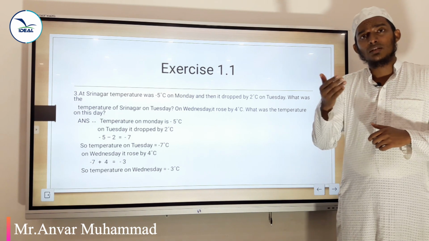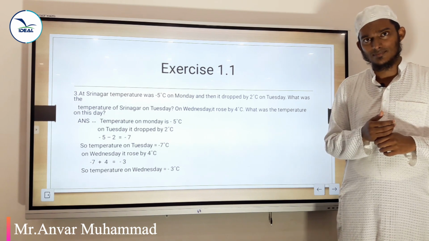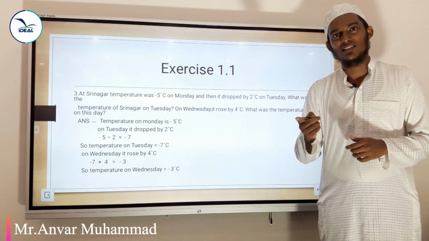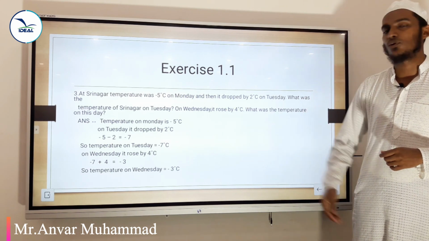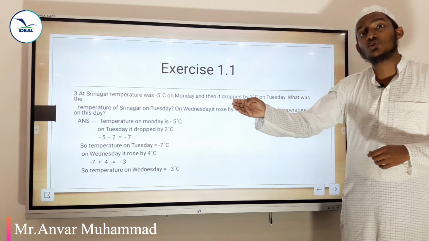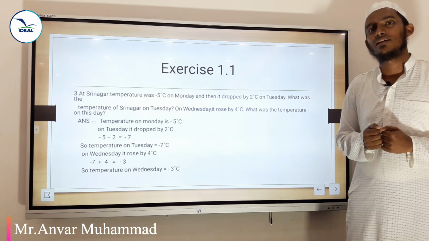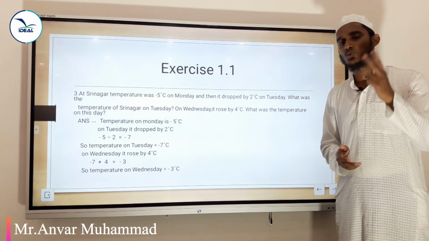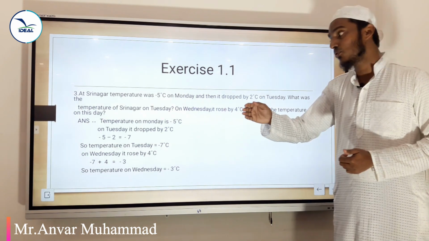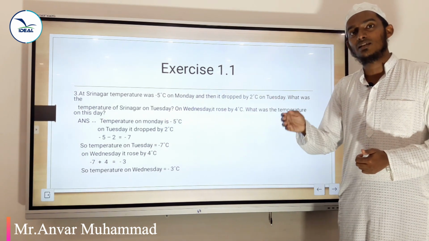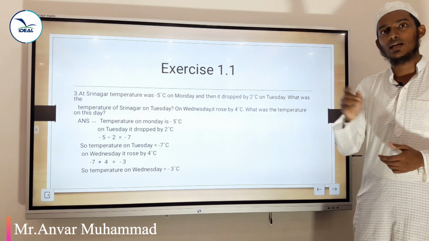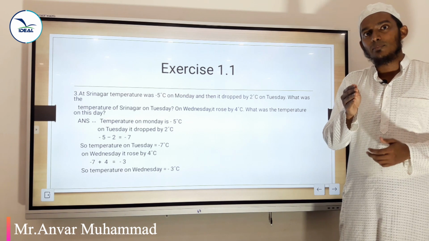So on a number line, when we add a positive integer, should we move right or left? We should move to the right again, isn't it? So -7 plus 4. When we move 4 places to the right from -7, what will be the answer? Draw the number line and check it out. So -7 is here.